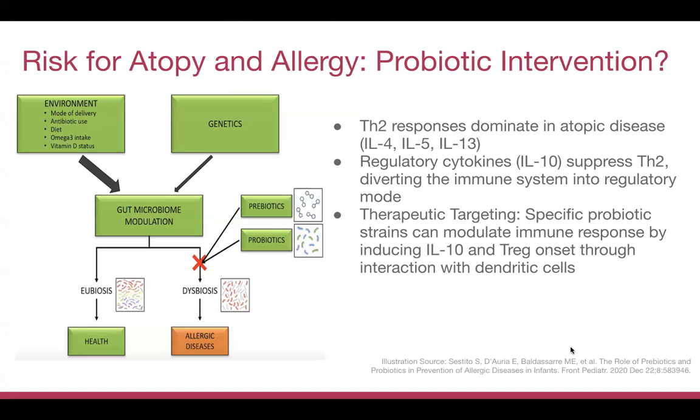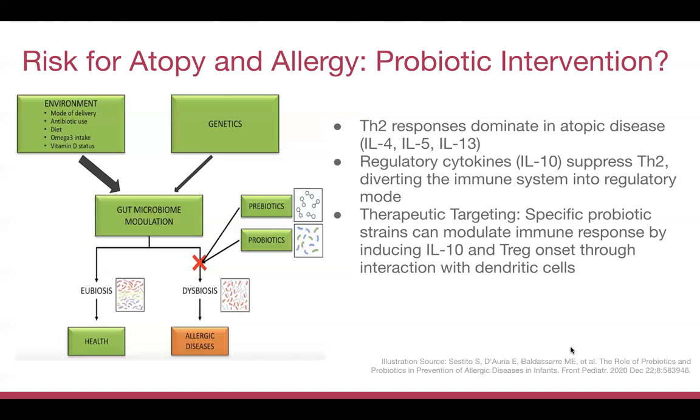An example of this would be probiotics leading to the stimulation of regulatory cytokines like IL-10, which suppress Th2 responses. They may also result in a decrease in the secretion of Th2 cytokines like IL-4, 5, and 13, which tend to dominate in atopic disease.